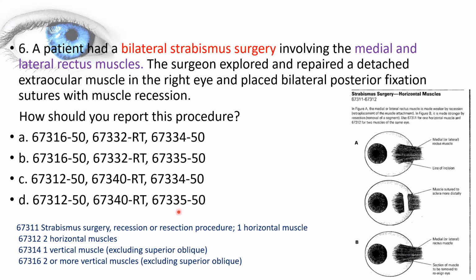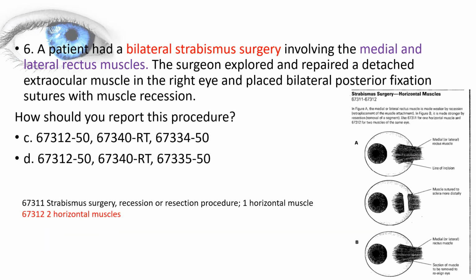So we have the horizontal muscle and two muscles. So we can remove all other codes and leave only what? 67312. We can cancel all the other codes. 67312 strabismus surgery horizontal muscle. And with 67312 there are other codes. We have to fix which one?